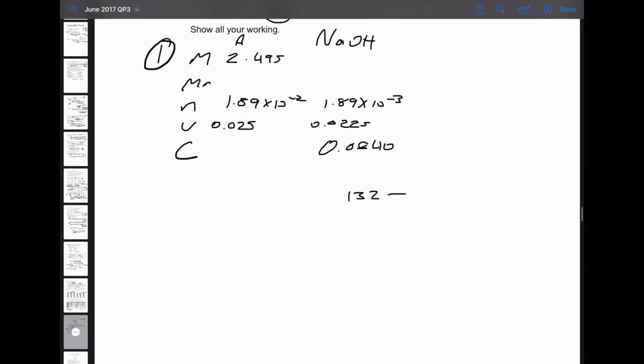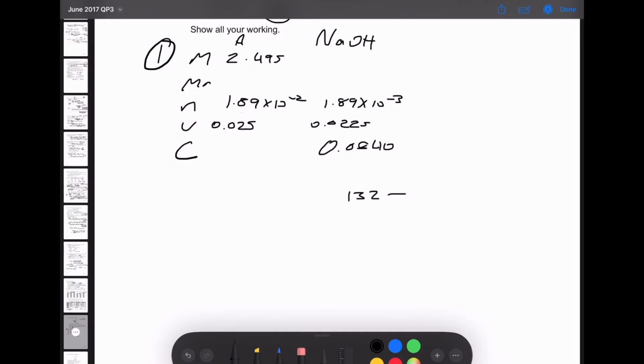So what's left is 57, so minus anything that's not R, so just minus the molecule except for R, gives us 57.